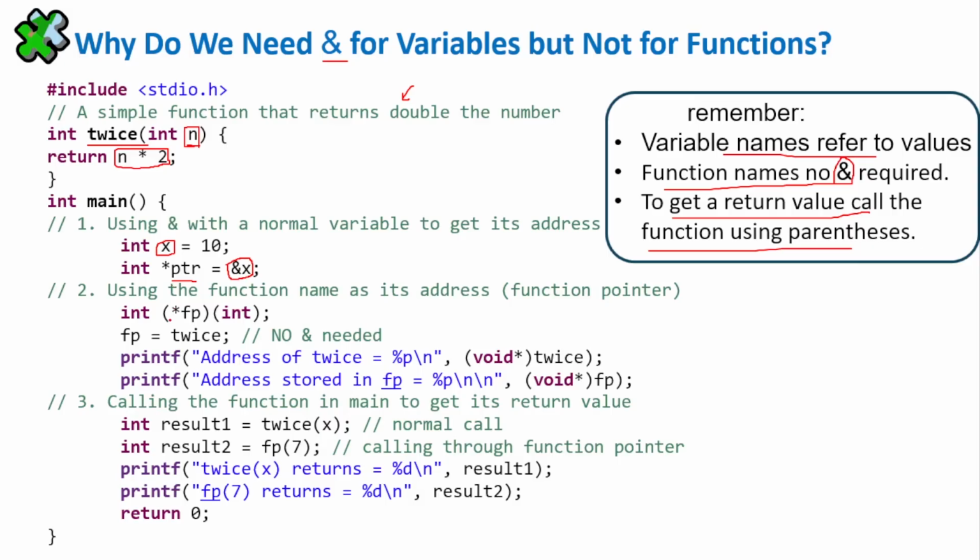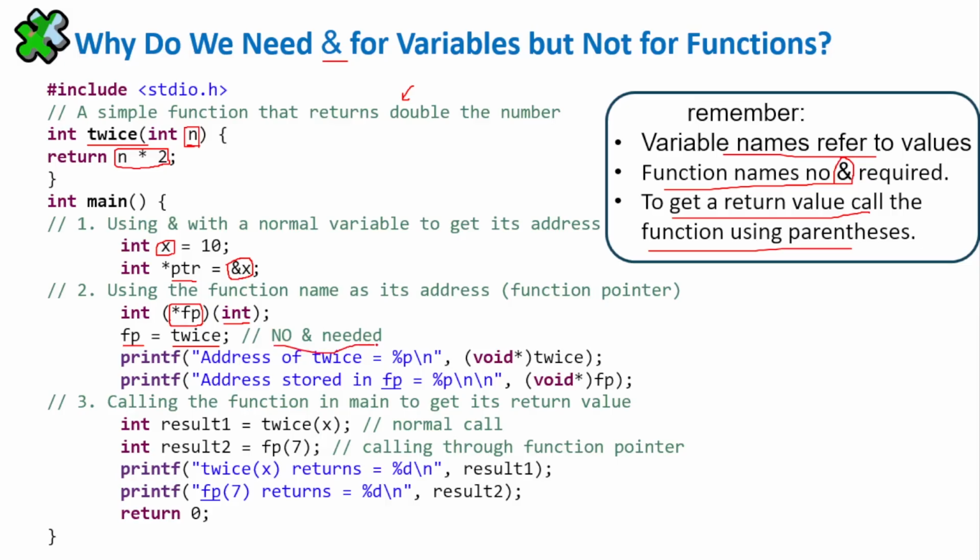Next, a function pointer fp is declared with the same signature as the twice function, and it is assigned directly using the function name without the ampersand operator, because the function name already represents its address.